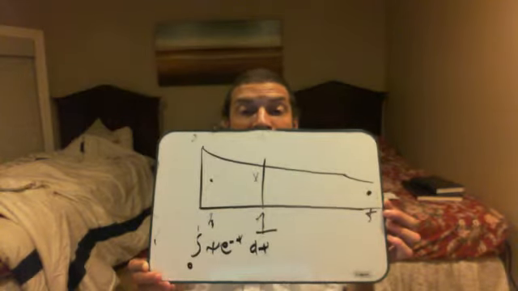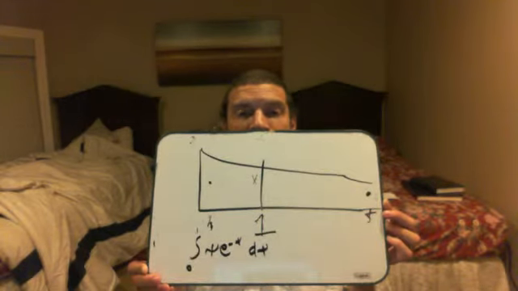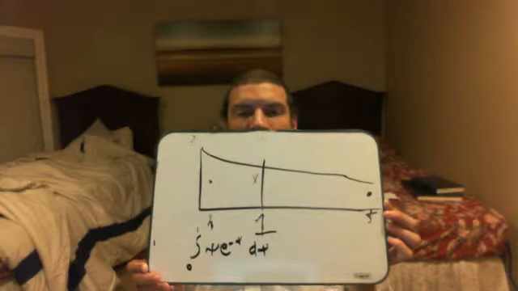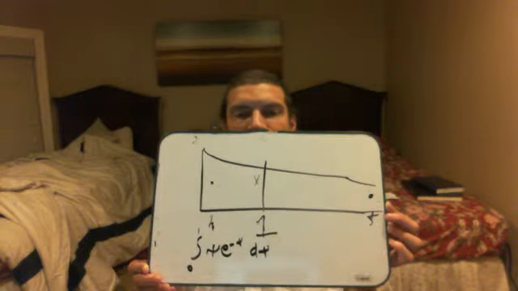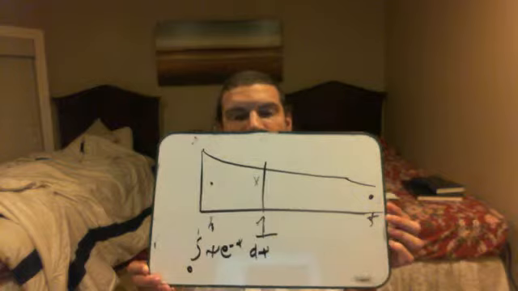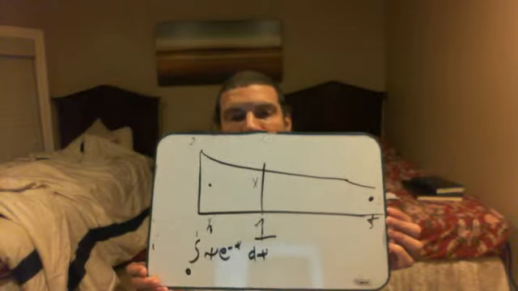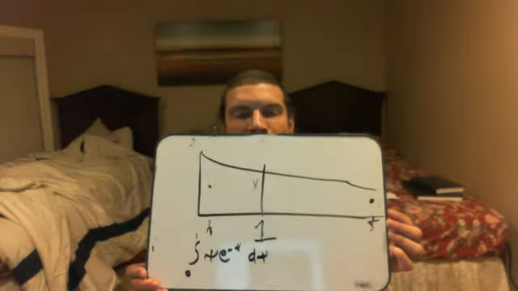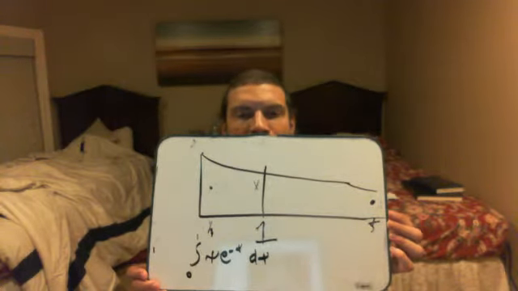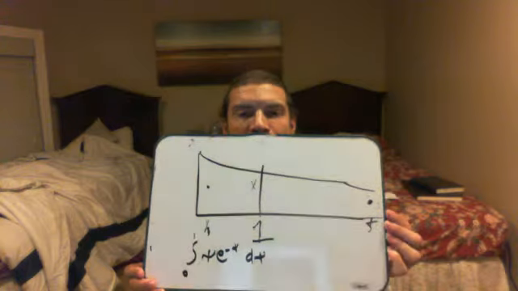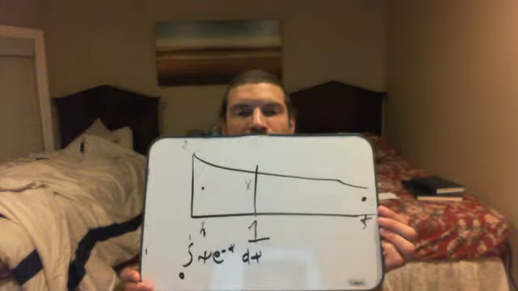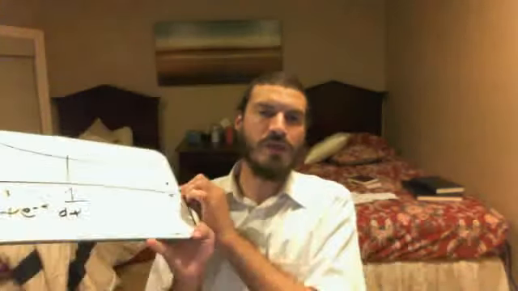However, this only considers the cases where it falls from 0 to 1. What happens if the dart goes from 1 to infinity? That is on the right side of the screen after 1. What do we need to do then? The answer for this is, let's see, we'll write down a new formula that will take care of this problem.